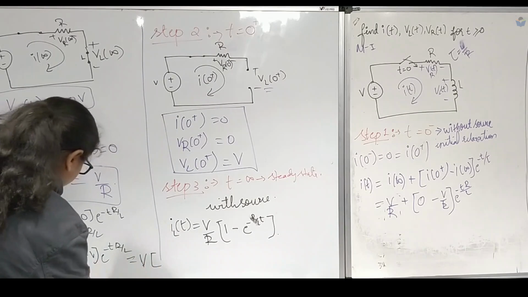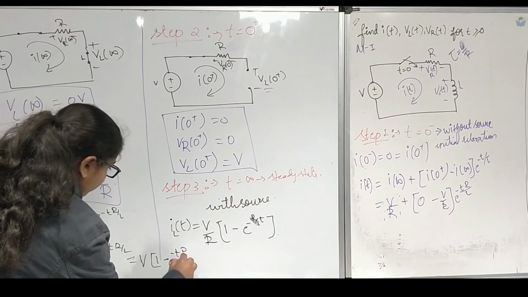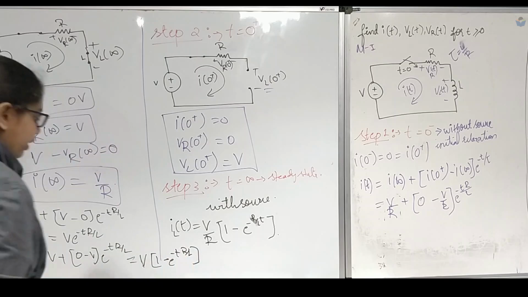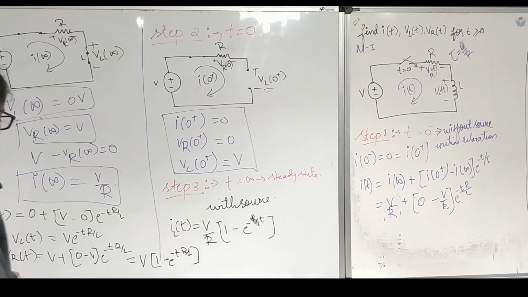So it will be, when V is common, 1 minus e to the power minus t into R by L. So this is the equation we have got.